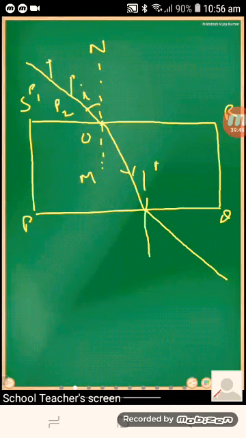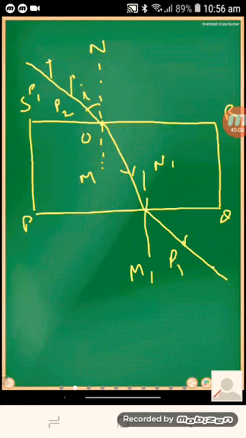Let N1 and M1 be the normal on the surface PQ. Here we have placed pins P3 and P4, and let the names be A, O, B, and C. A, O, N will be representing angle I, M, O, B will be representing angle R, and M1, B, C will be representing your angle of emergence.